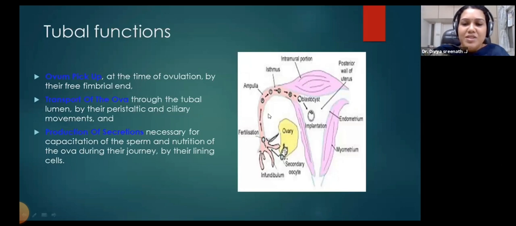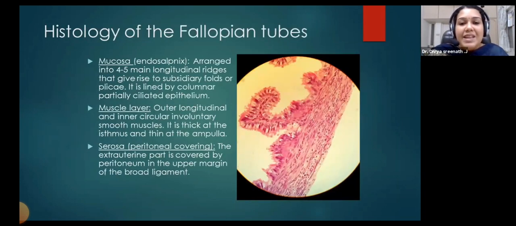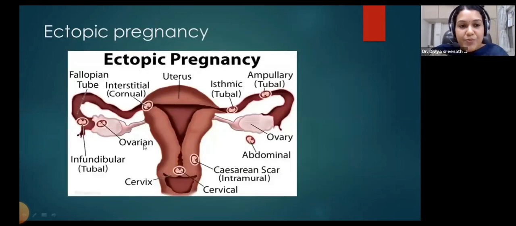So the main function of the tube is ovum pickup and the transport of the fertilized ovum to the uterus. It also has some secretions, and cilia are there, which support the flow. Moving to the histology, it contains the mucosal layer, the muscular layer, and the serous layer also.